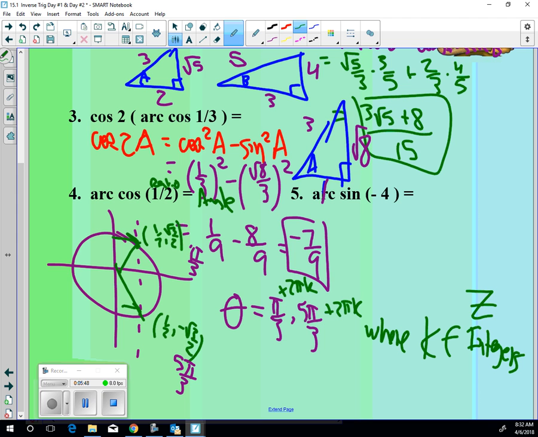So if I said, let's see, pi over 3, and if I added 61 pi over 3, if I took the cosine of 61 pi over 3, what do you think I'm going to get? Let's try it. Put it in your calculator. Cosine of 61 pi over 3.